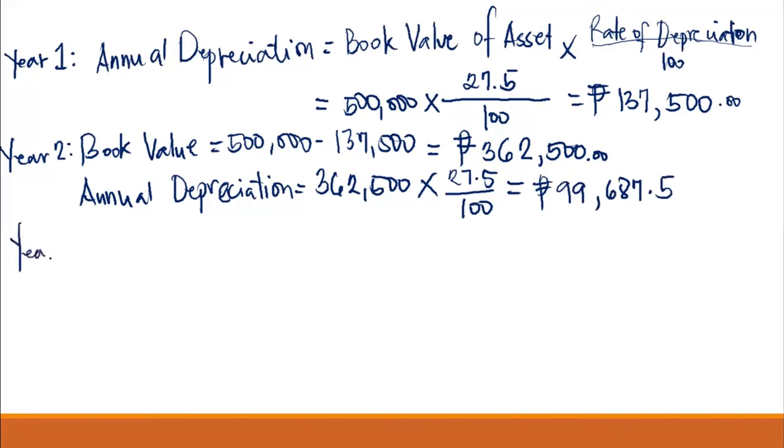Okay? Now we go to year 3. So we have to get first the book value. So same process lang siya, by getting the difference between the book value and the annual depreciation.